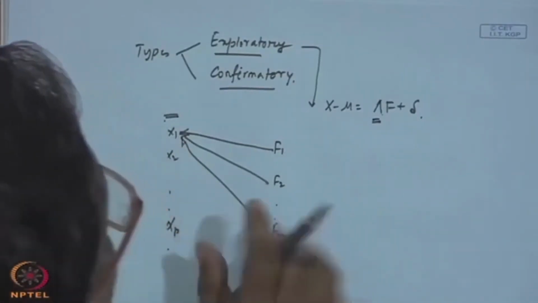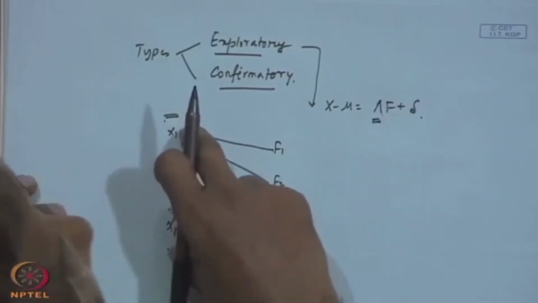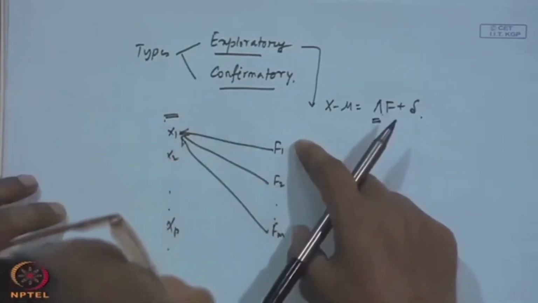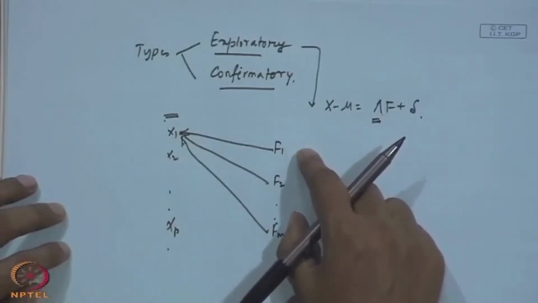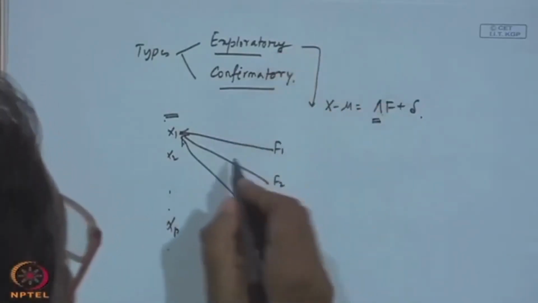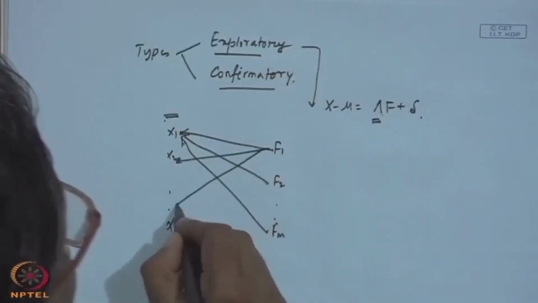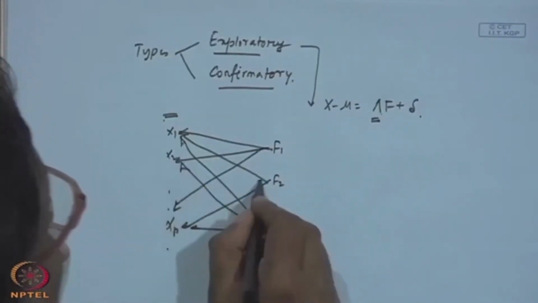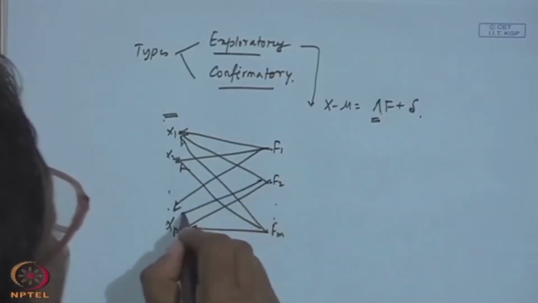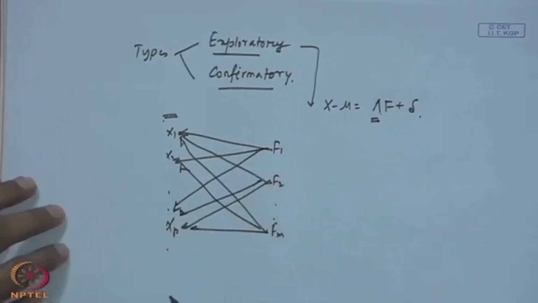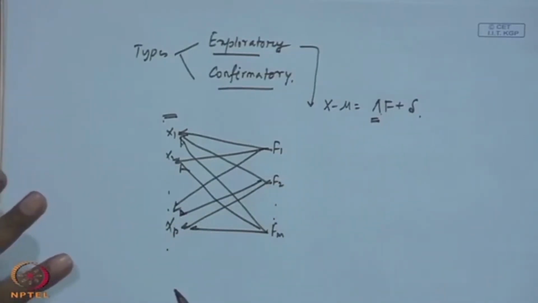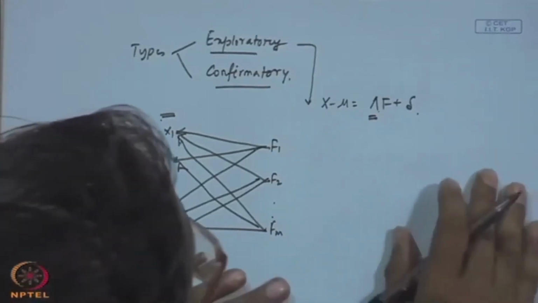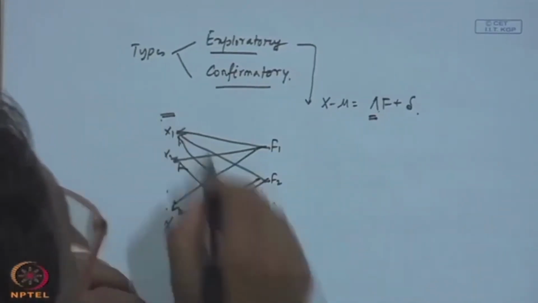Under this condition you are exploring the possibility of hidden factors. That is why it is exploratory factor analysis. So everything is linked. Getting me? Now, confirmatory factor analysis is different.